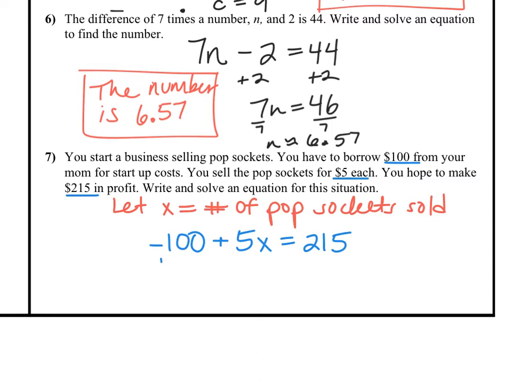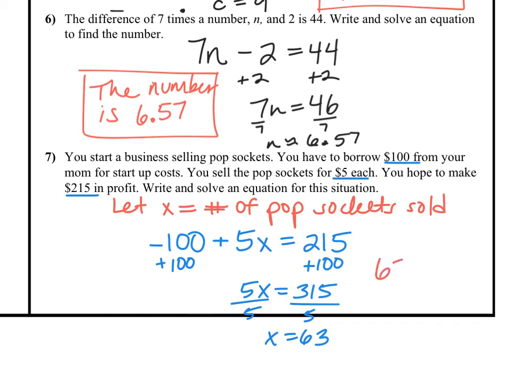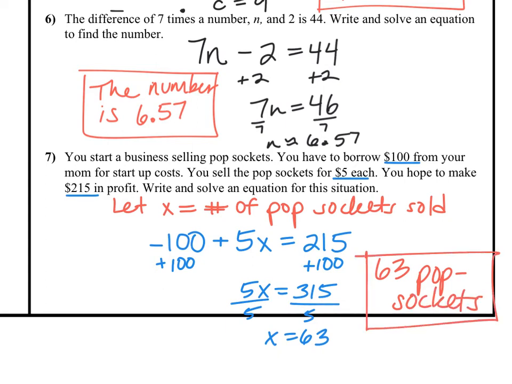So solve the equation by adding 100 to both sides. 5x equals 315. Divide by 5. And you get 63. So in order to profit $215, we need to sell 63 pop sockets. Better get started.